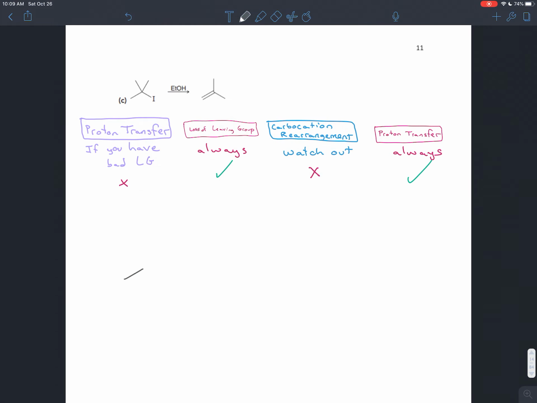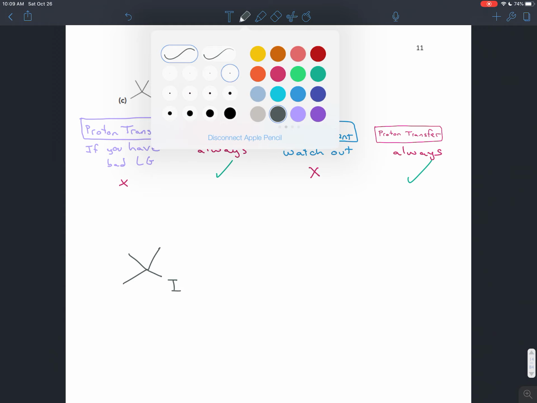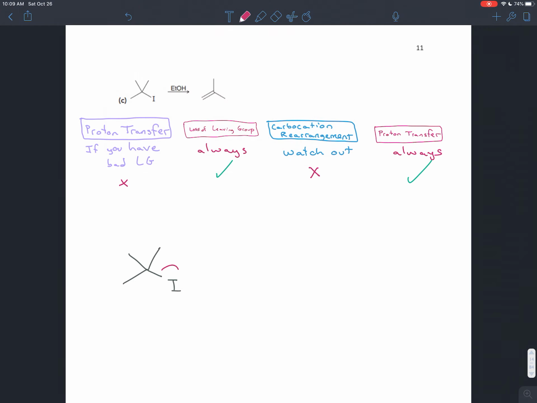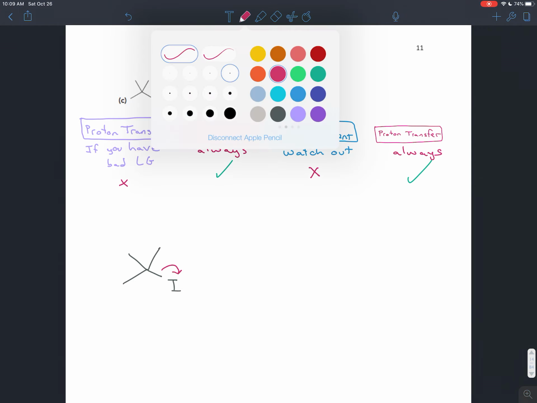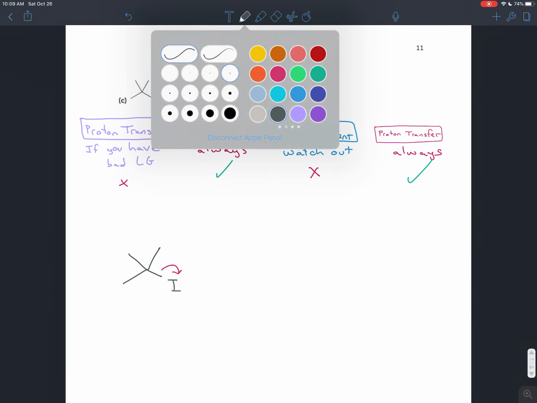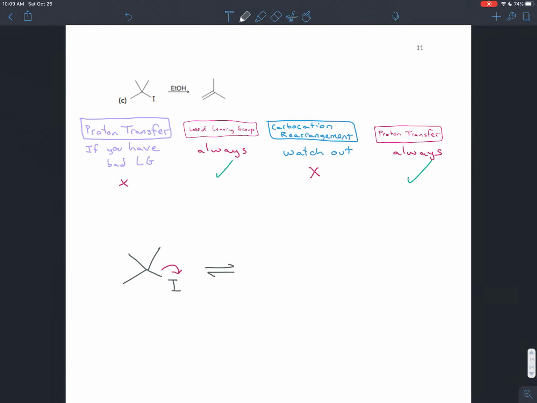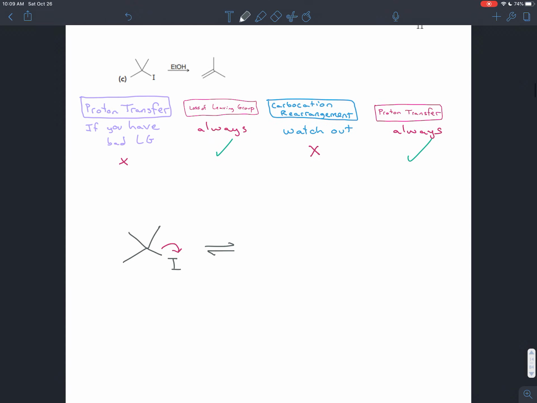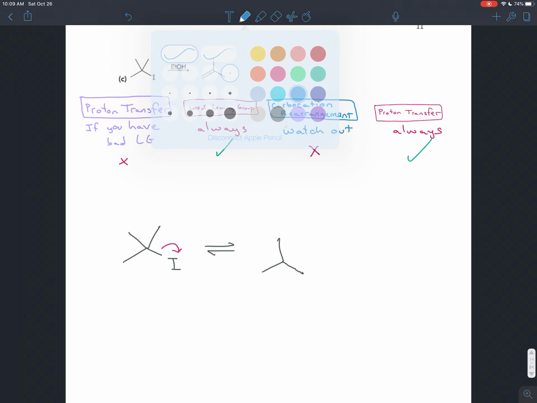So let's draw that original molecule. And the first step is loss of a leaving group. So the iodine takes its electrons and pops off. Now what we end up with there is a trigonal planar carbocation.